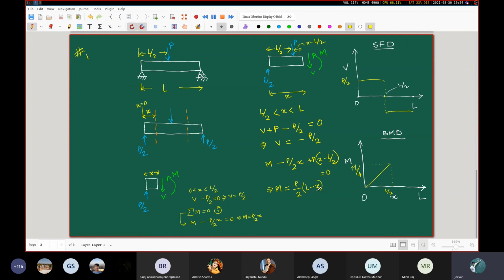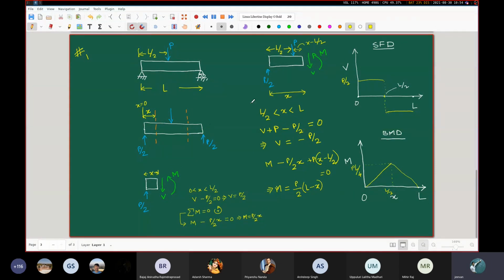The slope here is the same as the slope there, P by 2, and here it is minus P by 2, with the negative sign. So you basically have a diagram like this. These things are joined. So this is the shear force diagram, and this is the bending moment diagram.